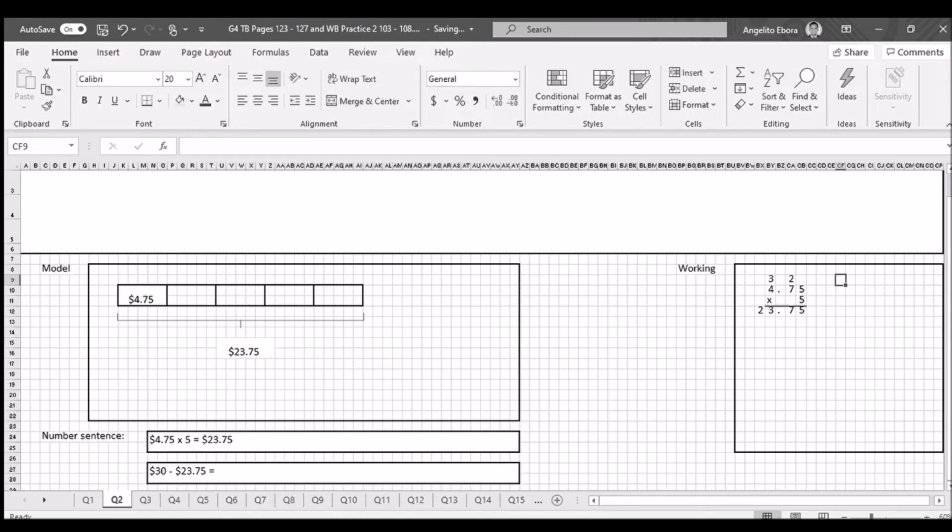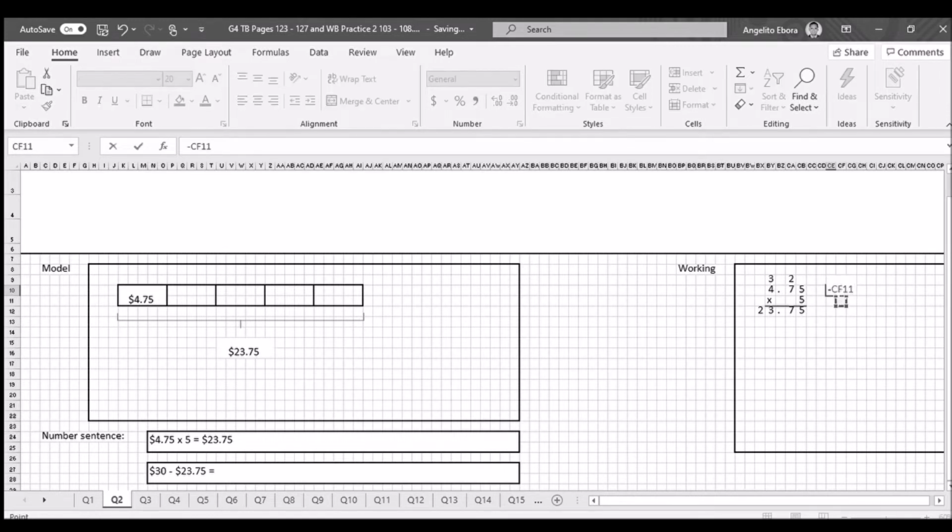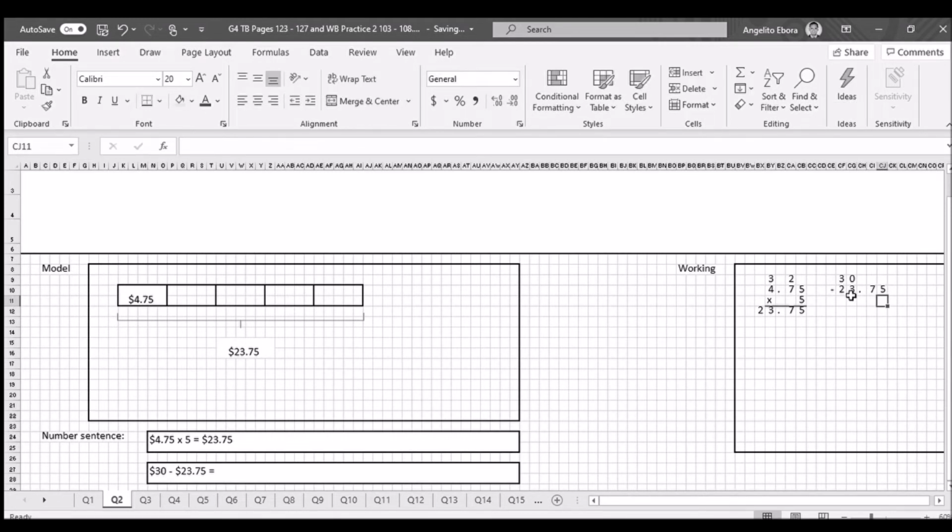Okay, so $30 minus $23.75. So as you can see, 30 is a whole number. So in this case, we'll just add a 0 at the end.